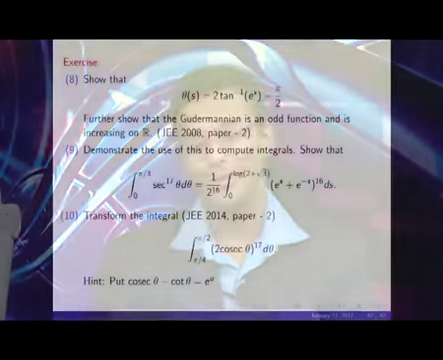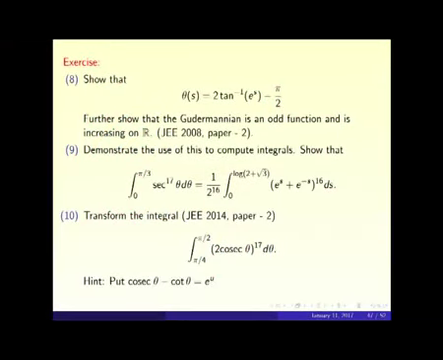Pi by 2 minus tan inverse of e to the power s. The 2 times pi by 2 becomes pi, and pi minus pi by 2 becomes pi by 2. So theta of minus s is pi by 2 minus 2 tan inverse of e to the power s, which is minus of theta of s. So theta is an odd function.